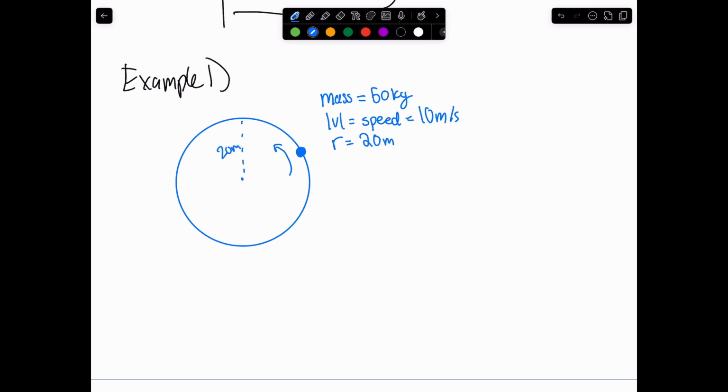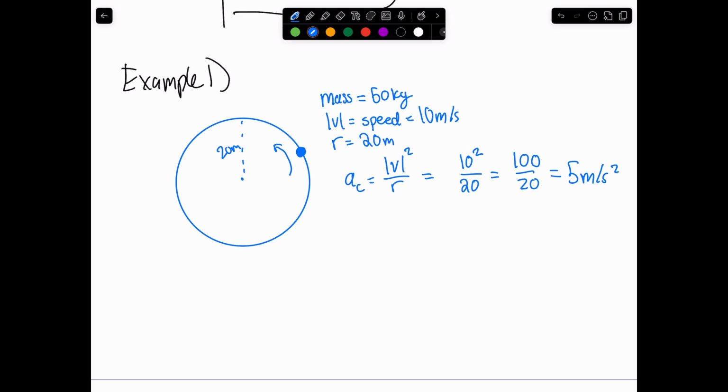Now I want you to try and find the value for centripetal acceleration. You can use the equation a sub c equals magnitude of velocity, or speed, squared over r, and you can find that speed squared is going to be 10 squared, r is 20, so that's 100 over 20, which is 5, and that'll be 5 meters per second squared if you remember your acceleration units.